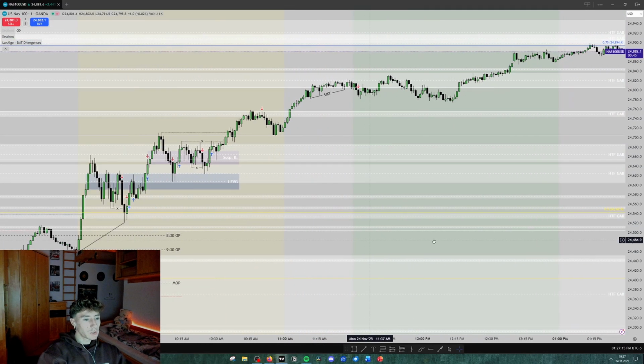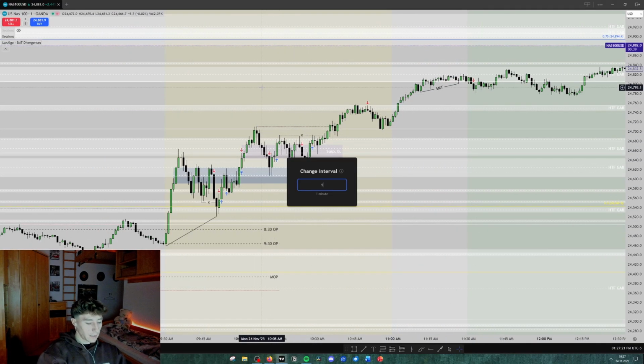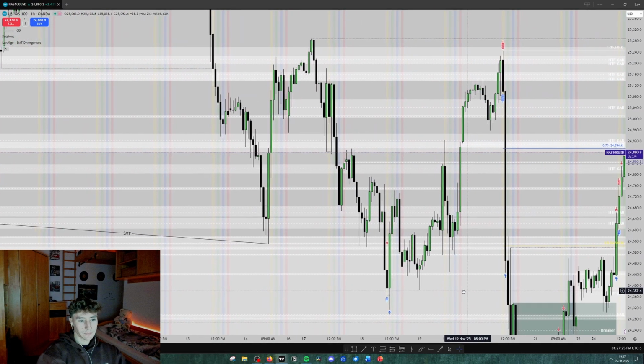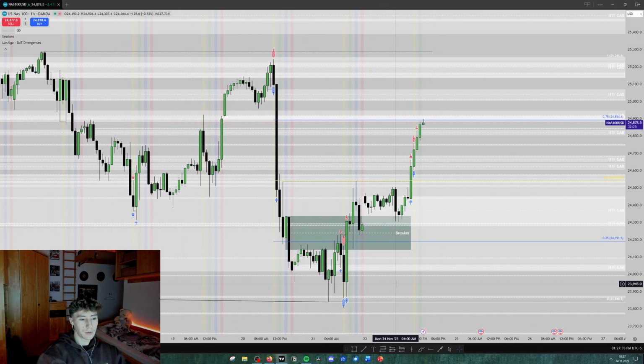What I wanted to say as well is why we had high resistance in here, and I think it's due to the high time frame, because if we zoom out, we can see that we formed our low right here, and all the way from here our market maker buy model is already in play, especially with trading above the breaker.